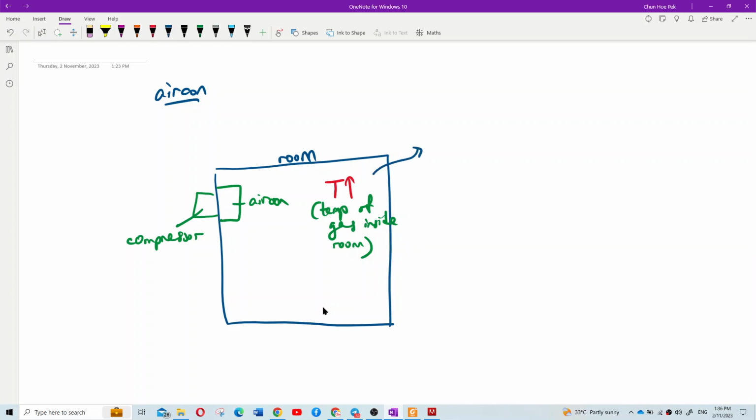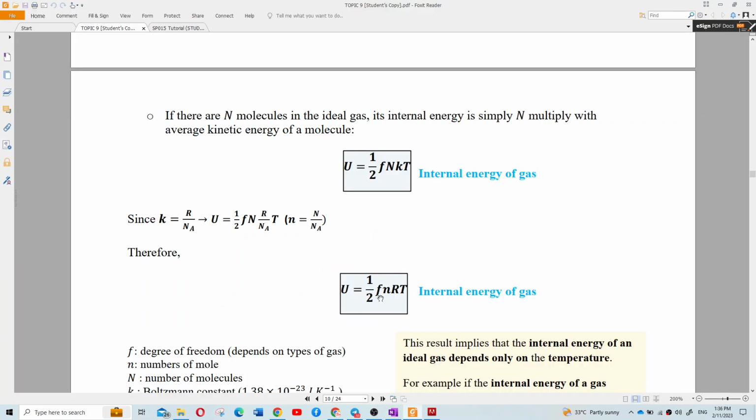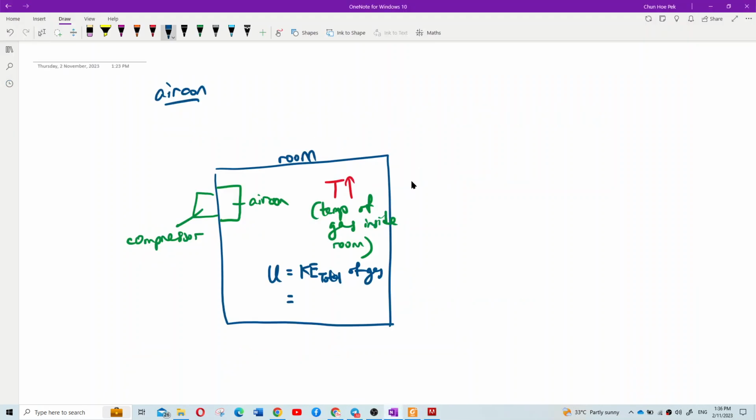The gas has internal energy, and we know that the internal energy of gas is the total kinetic energy of the gas. What's the formula, class? 1/2 f nkT, or f nRT over 2. That's the formula for the internal energy of gas.